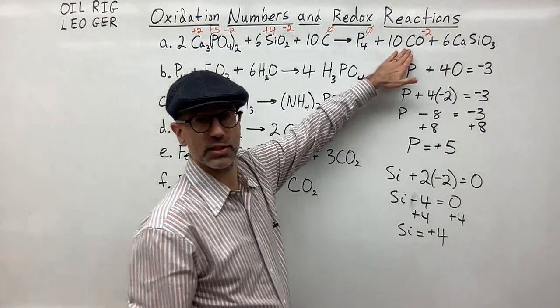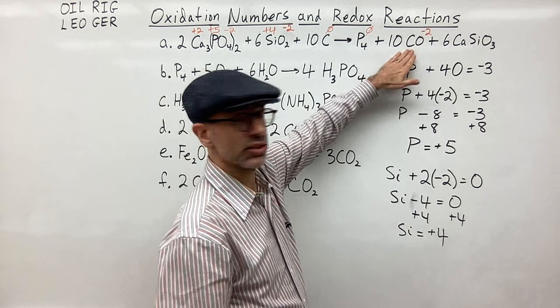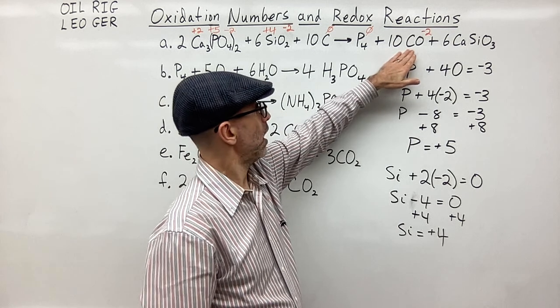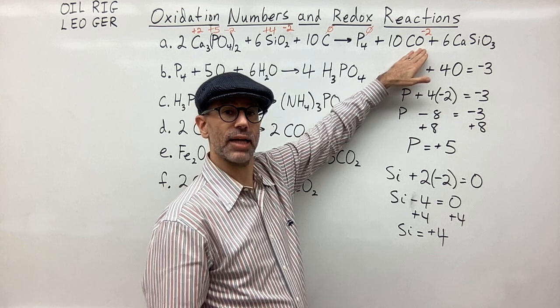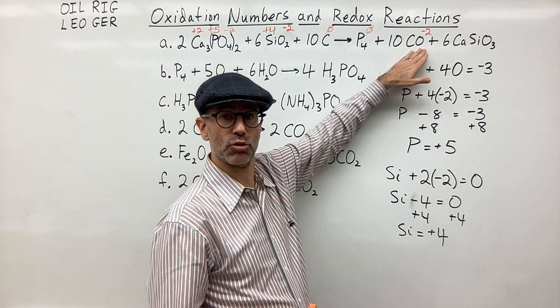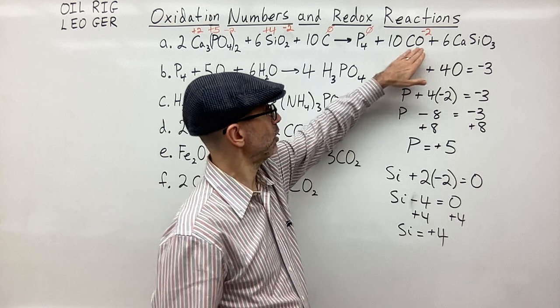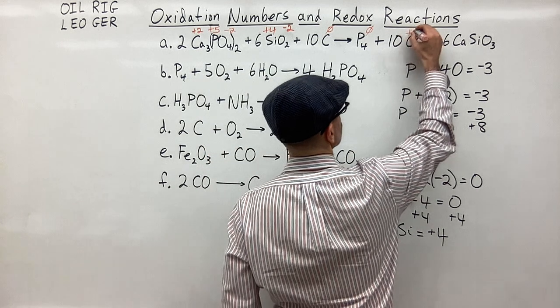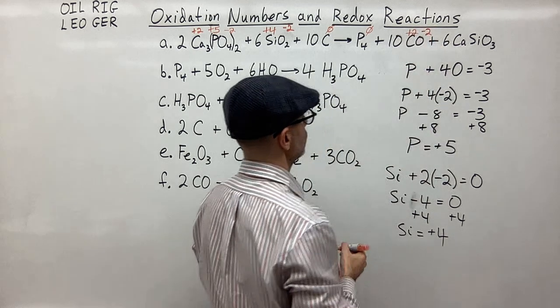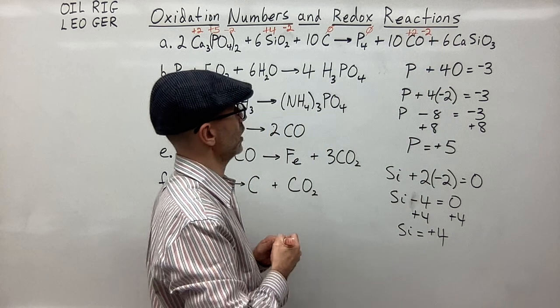And since the oxidation state of carbon plus the oxidation state of the oxygen must add up to 0 because there's 0 charge on this molecule, then that means that carbon must have a +2 oxidation state there to cancel out the -2.